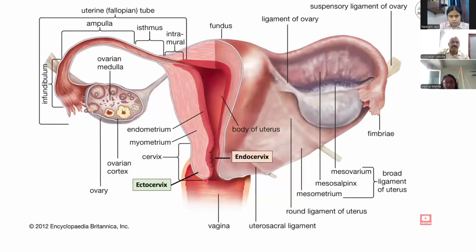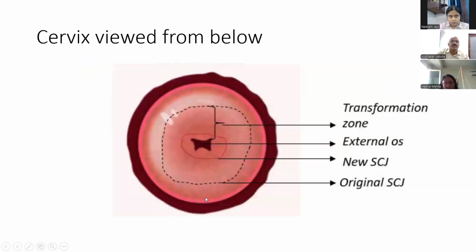When the cervix is viewed from below, if you are watching the cervix from the vagina, we will see something like this. The outer portion is the ectocervix, which is lined by stratified squamous epithelium.